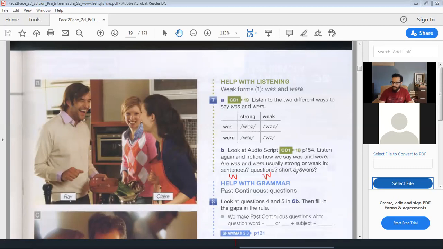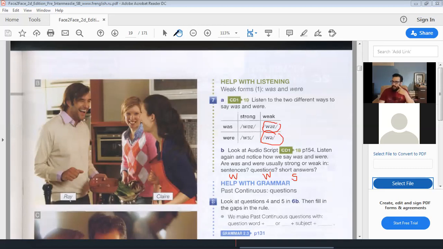But in short answers, they are strong. Okay? So if you're using a sentence or a question, most of the time, this will be in the weak sound. Was, were, not was, were. Okay, so this is just for pronunciation.